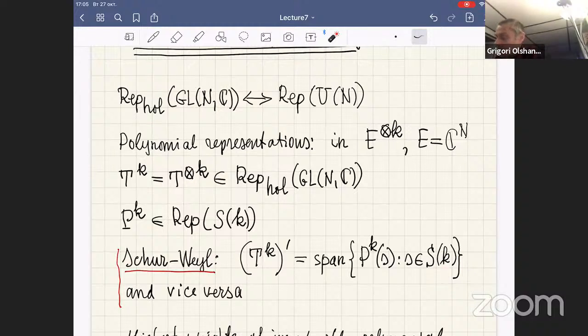Because we have completely reducible representations, the algebra generated by such a representation is semi-simple, and then the commutant is also semi-simple, and the double commutant theorem says that the double commutant returns us to the initial algebra.